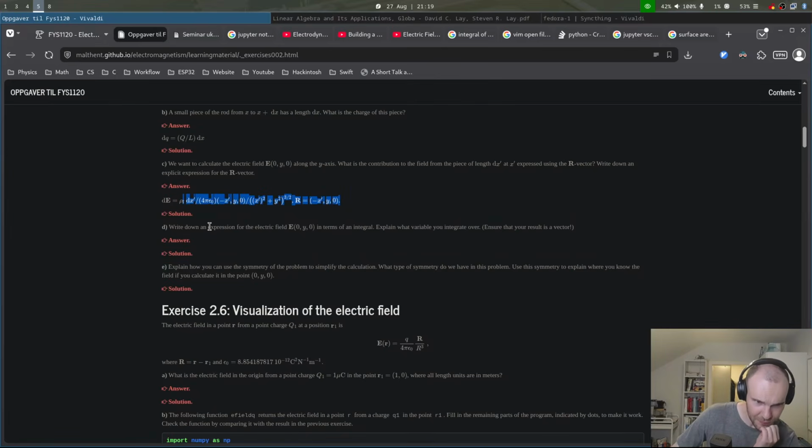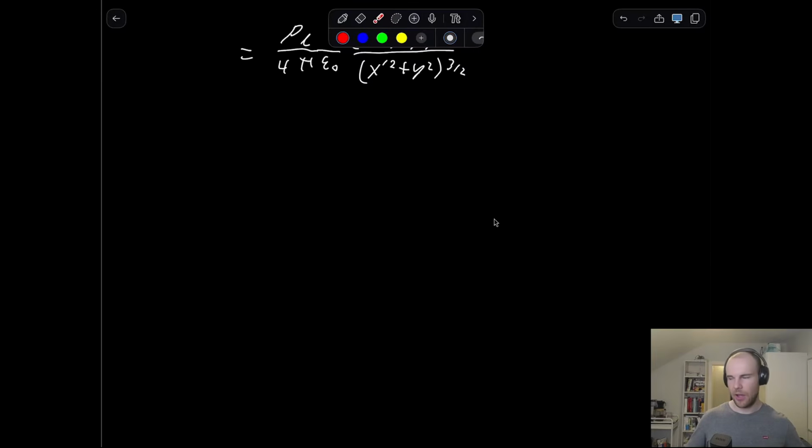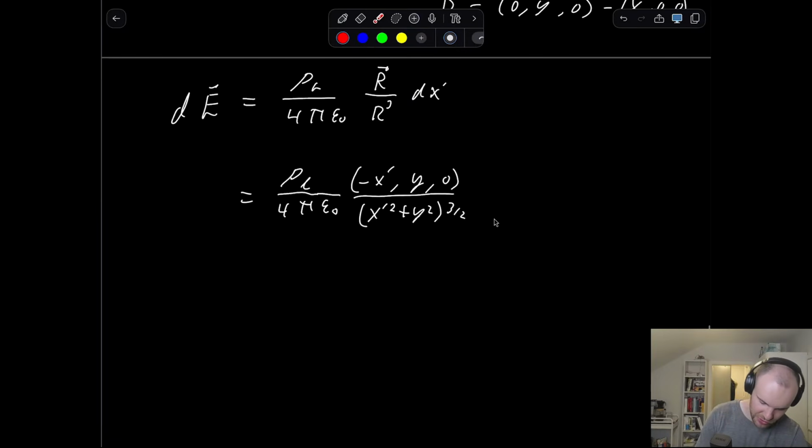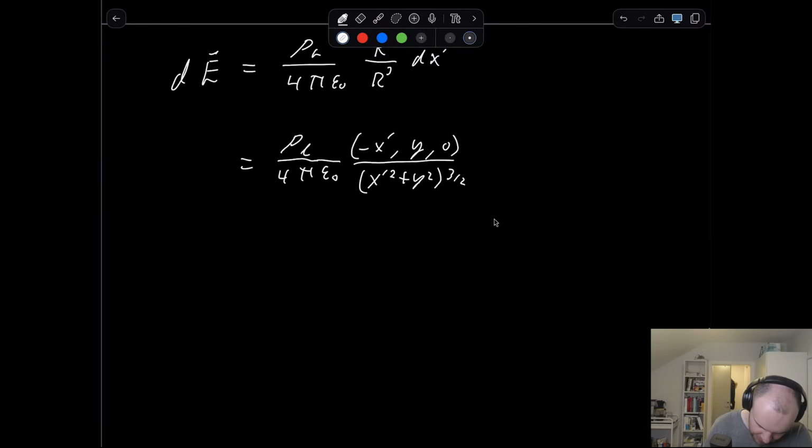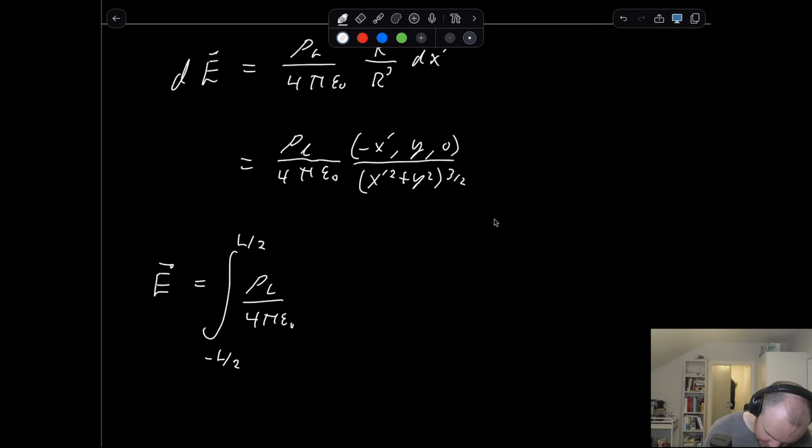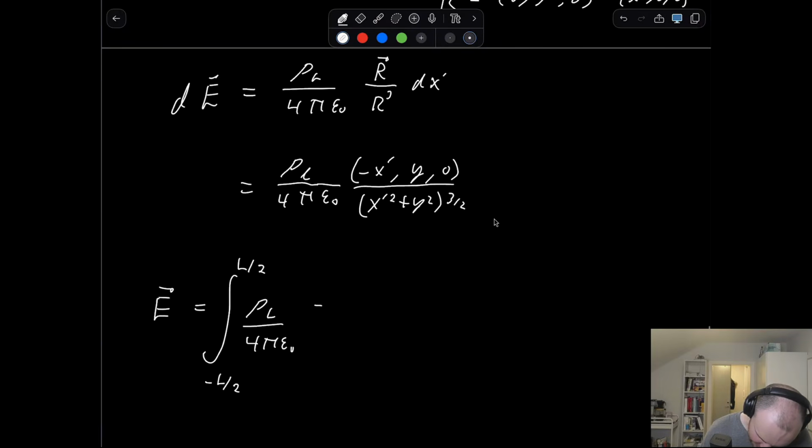Okay. Write down the expression for electric field in terms of an integral. Explain what you integrate over. I already stated that. So now this is just one piece, and now we need to collect all of those pieces over that rod, which means that the electric field is just collecting all of those small pieces from minus L over 2 to L over 2, rho L, that density, 4 pi epsilon 0, and now we just have the same thing.